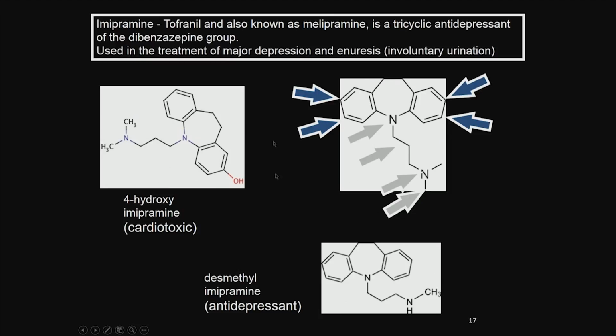So, depending upon the type of biotransformation, you end up with a product which can have a totally different effect. And look at this, there are many sites for biotransformation. You can have groups put in here like OH, or on this nitrogen, and the groups can leave, or here the methyl groups can leave. So, the product can be completely different and it can give a totally different activity.